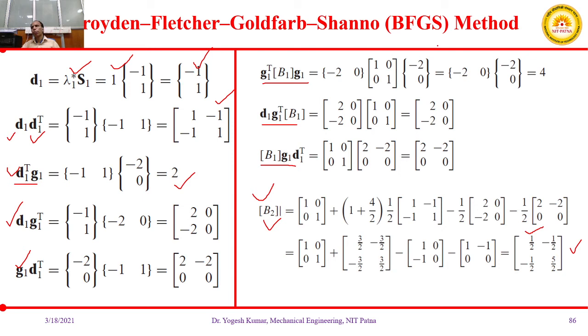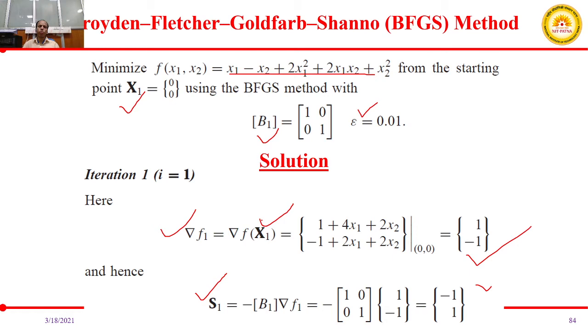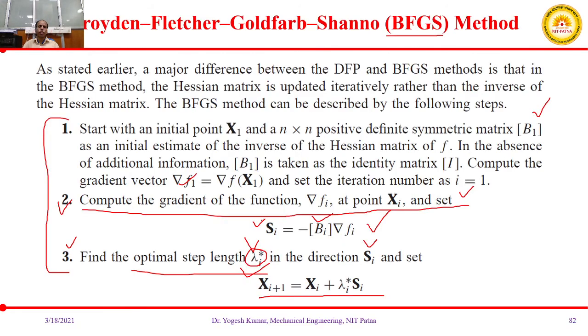Once you have got the updated Hessian matrix, you will go to step number 2 again and find the search direction at iteration i equal to 2. The search direction will be S2 equal to minus B2 into gradient of F2, right?